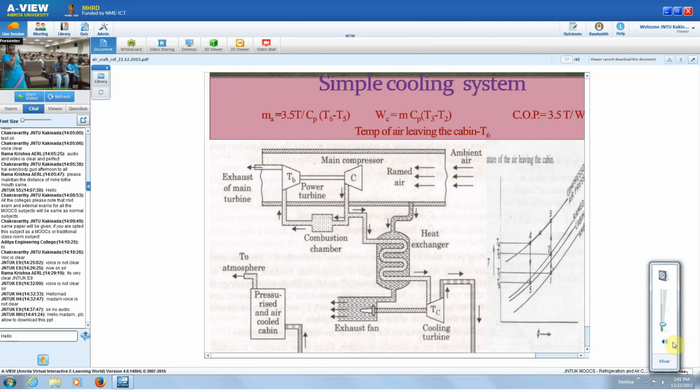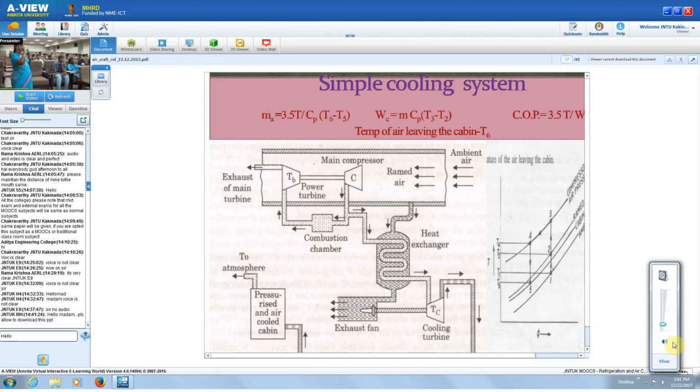Of the compressed air coming from the main compressor, a part is used for refrigeration and the maximum part goes into the turbine itself for expansion, to get work done which is used for running the main compressor itself.